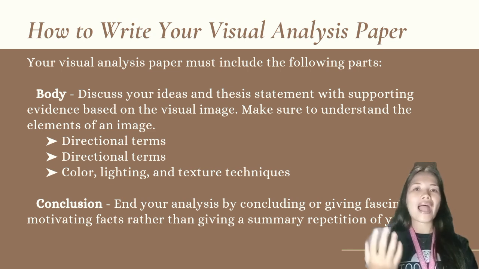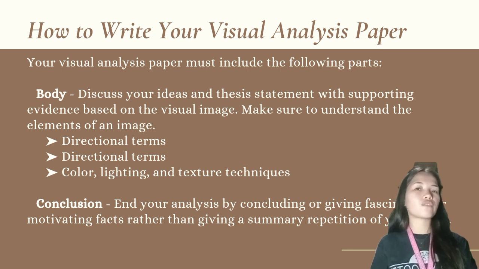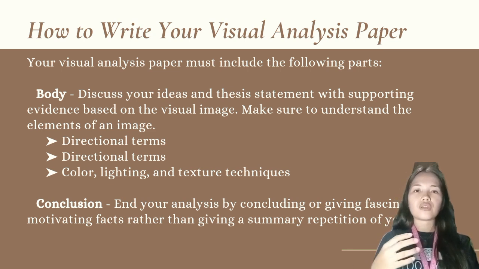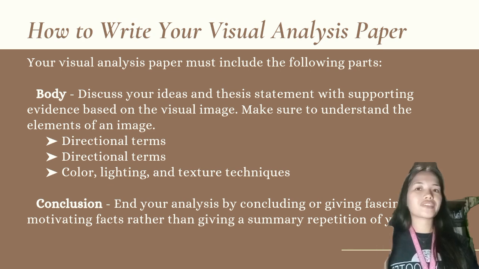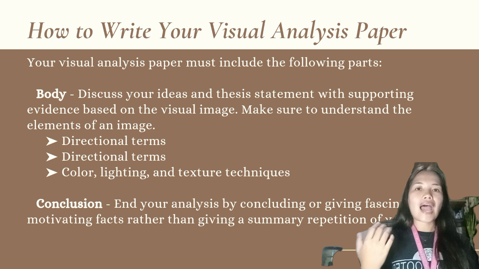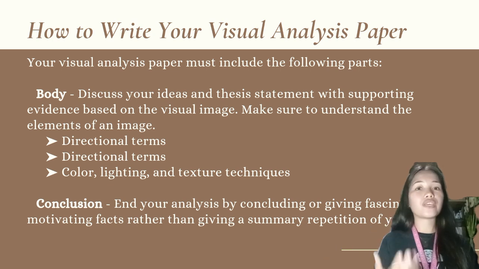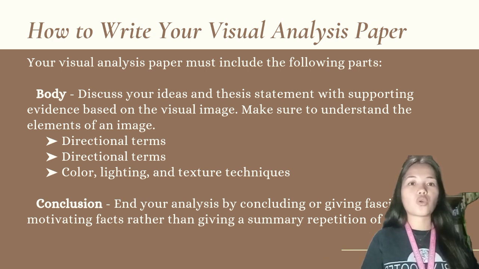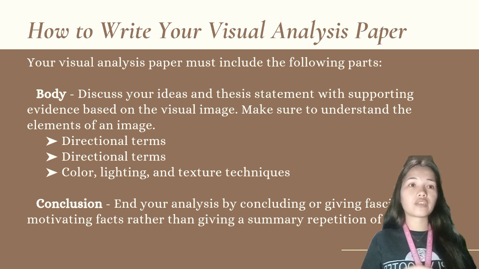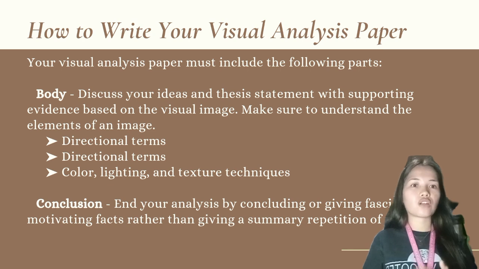You also have to understand the elements of an image. This is so crucial, class. When discussing these elements, don't just identify them, analyze their effect and how they contribute to the meaning. As mentioned earlier, we have to make sure to understand the elements of an image.